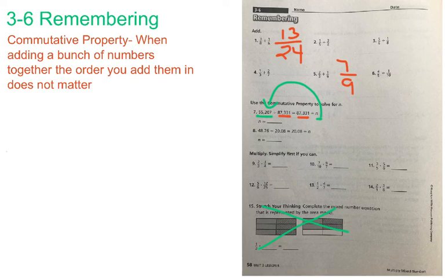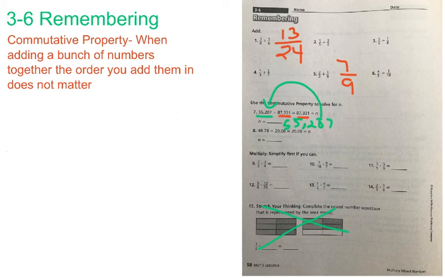So you can add 55,207 plus 87,331, and it's equal to 87,331 plus the 55,207. So the missing number n is 55,207, and that's not a decimal, that's supposed to be a comma. 55,207.